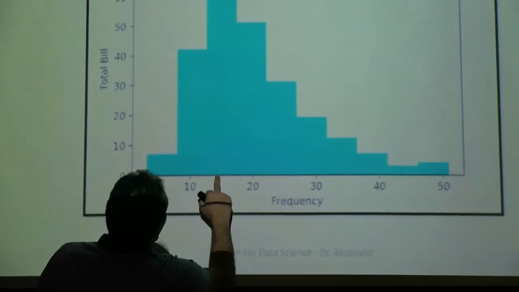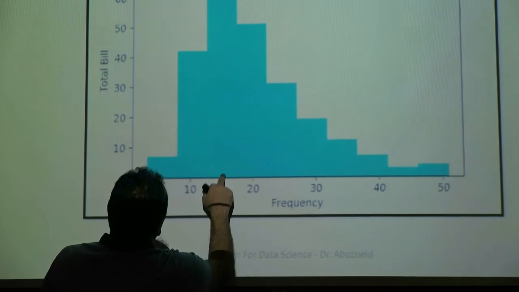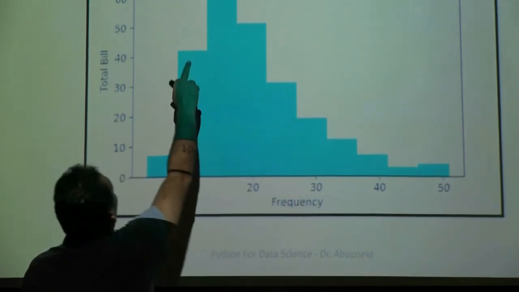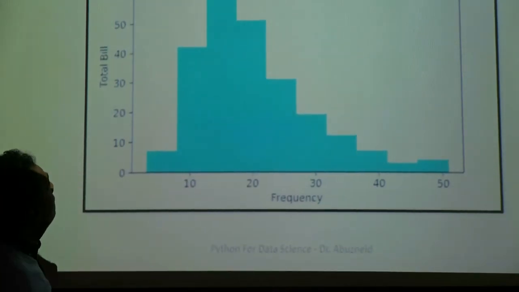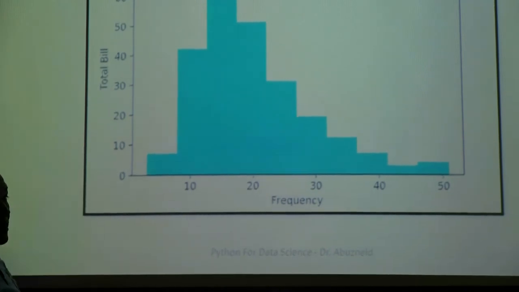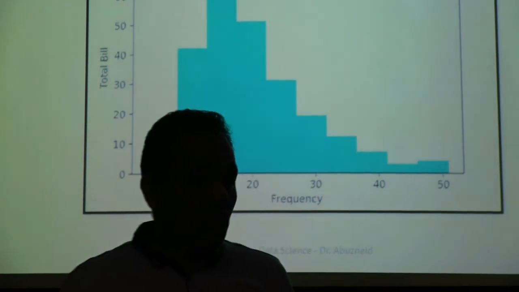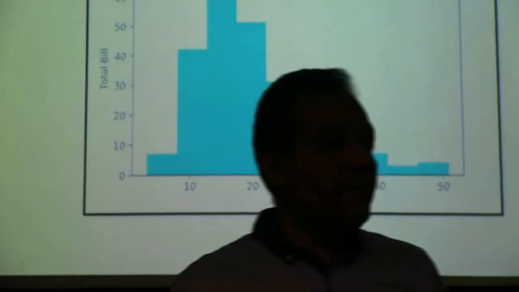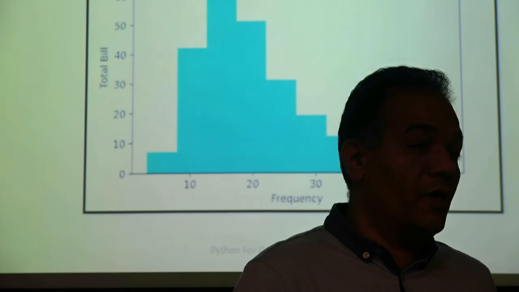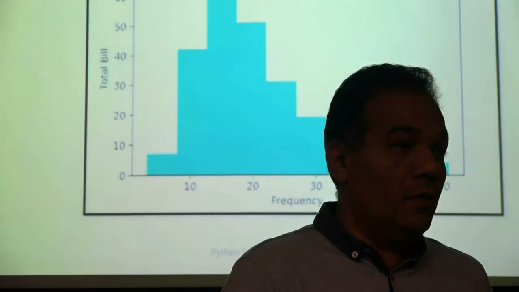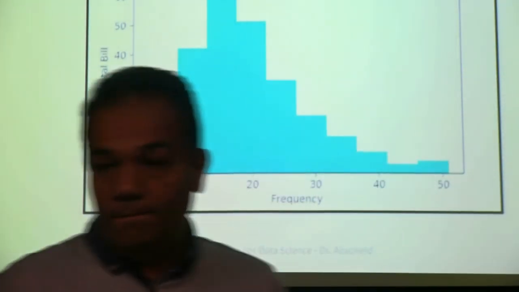Okay, 10 in the middle, and here this is going to be 15 in the middle. So at 15 we have close to 70. So 70 transactions in this data set show that people paid around $15 tip. Okay?